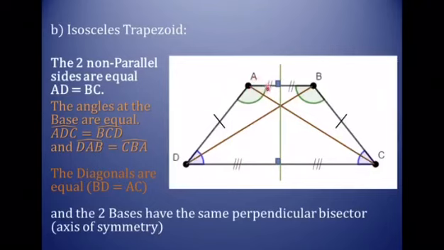The angles at the small base also are equal. The diagonals, like DB and AC, are equal. And also we have one perpendicular bisector for the two bases. So the two bases, AB and DC, have only one perpendicular bisector, the same perpendicular bisector. So it's an isosceles trapezoid.